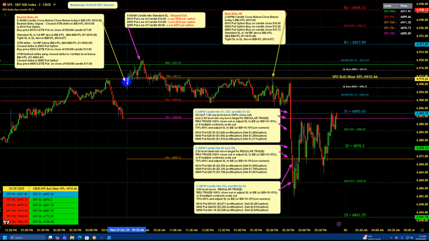As I said, we have found the 2-minute chart to be most effective out of the 1-minute to 5-minute range for this particular strategy. So this 2-minute candle is closing below, even though it tried to push above. That is first and foremost the most important aspect: where does the candle close?